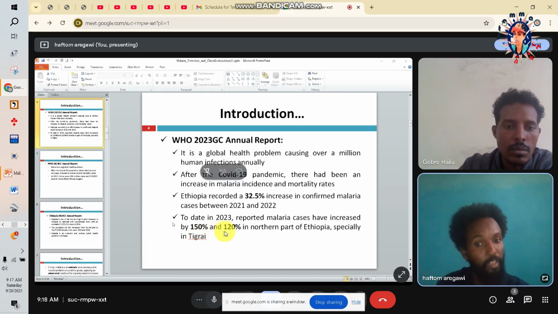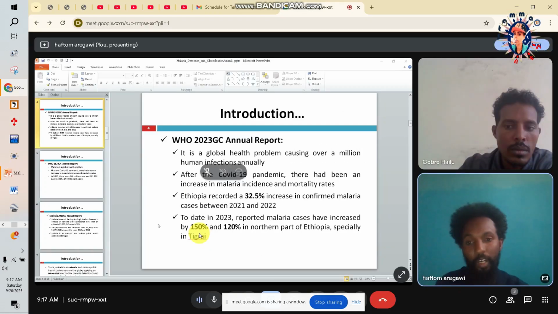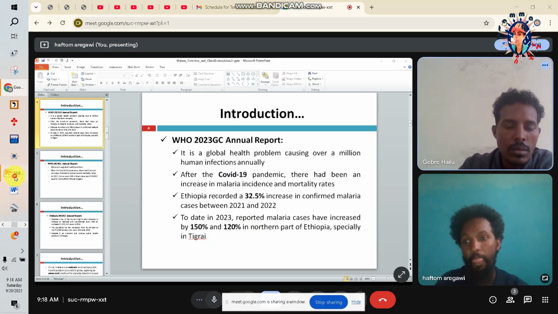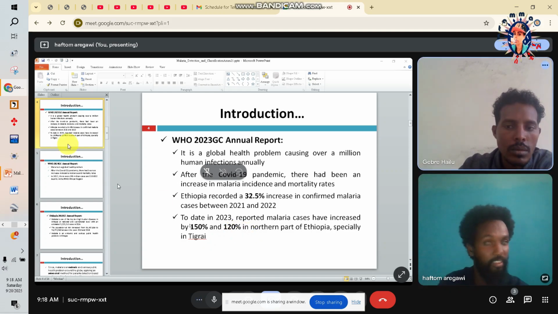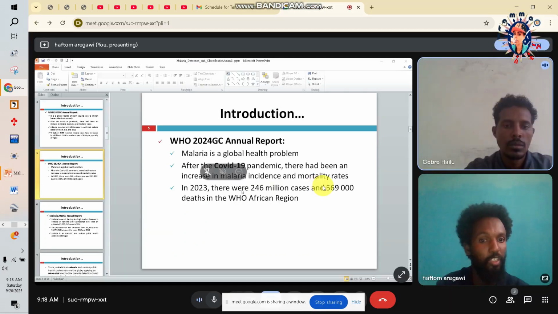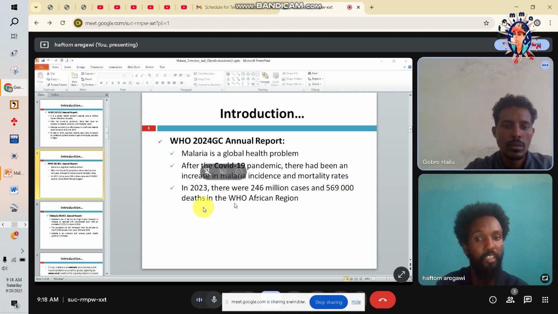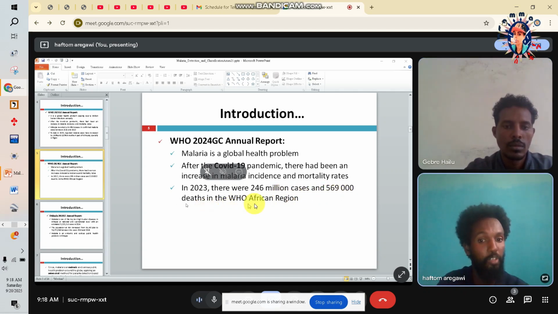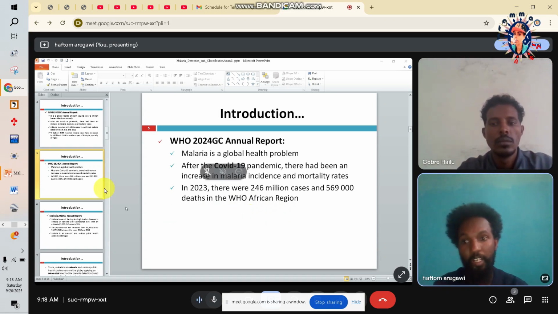Then, the WHO 2023 annual report identified that the number of global malaria cases in 2022 was significantly higher than before the pandemic in 2019, and the number of global malaria deaths in 2022 was also higher than in 2019. The WHO 2024 annual report strengthens the report submitted in 2023, ensuring that malaria is a global health problem.